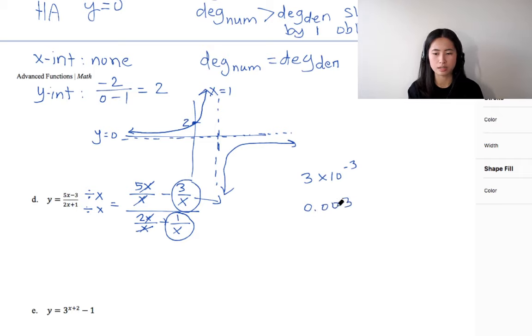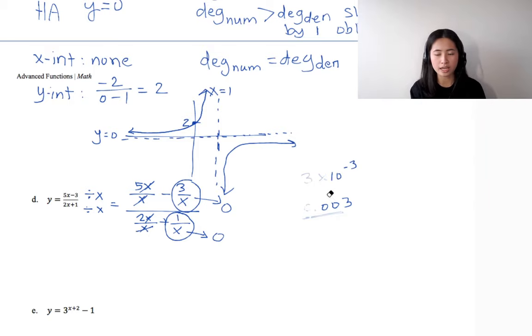If you plug in 10,000 or 5,000, you're going to see that it becomes smaller, all approaching 0. Similarly, for 1 over x, it's also approaching 0. So we can say that if you're looking at the end behavior, these two are approaching 0.